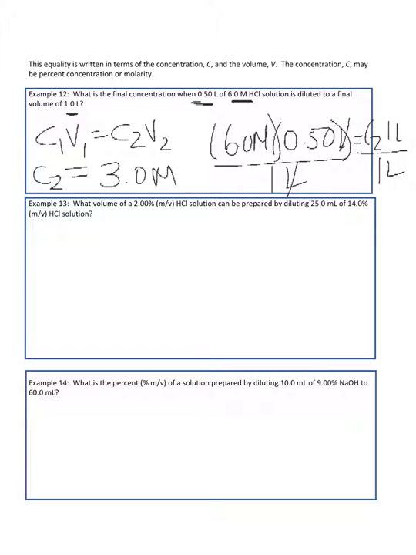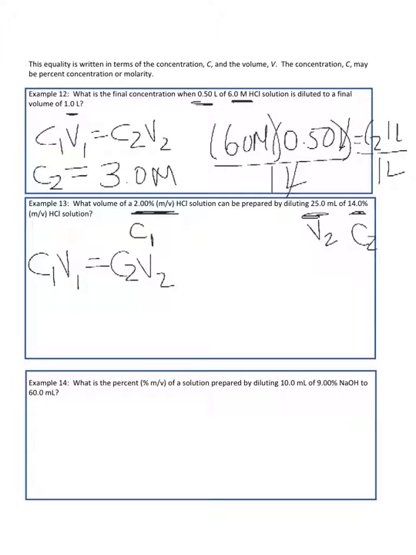What volume of a 2% mass by volume, this is a concentration, can be prepared by diluting 25 milliliters of a 14%. So we have a concentration, and it doesn't matter whether you call this C1 or C2. We'll call it C1. You have a V2 and a C2. So we have C1 V1 equals C2 V2.